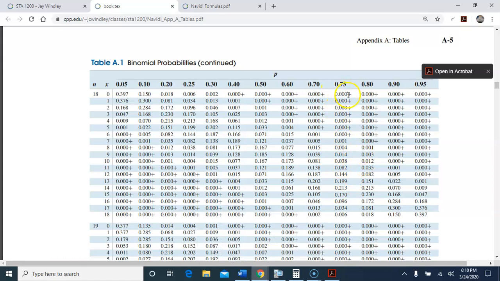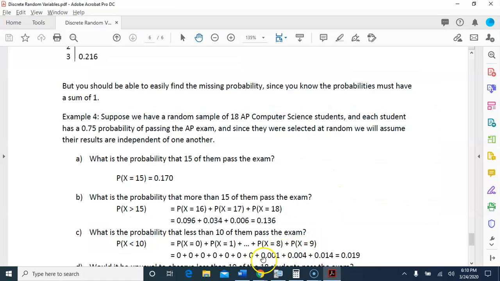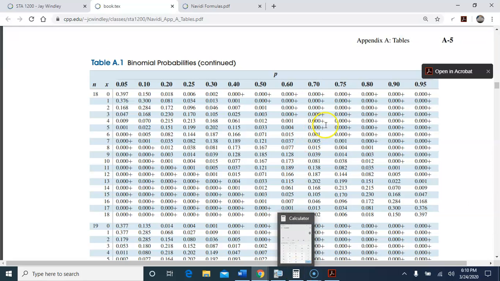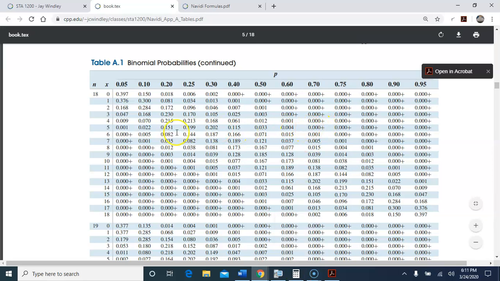Most of those probabilities are 0, 0, 0, 0, 0, until we get to the probability of 7 successes, that's 0, 0, 1, 8 successes, 0, 0, 4, and 9 successes, 0, 1, 4. And so I pop those numbers in here and add them up, and that probability is 0.019. Some of these other probabilities say 0 plus, because the probability isn't really 0, like this one here for the probability of 6 successes.